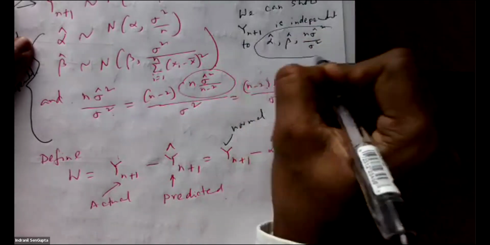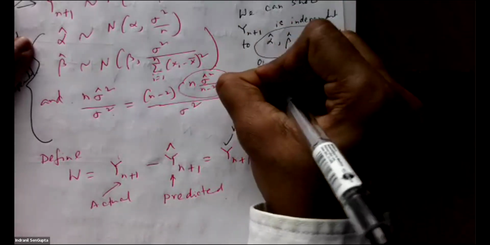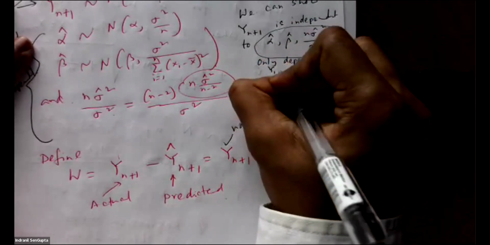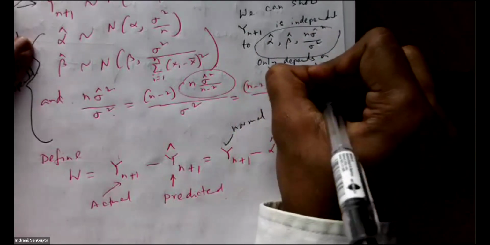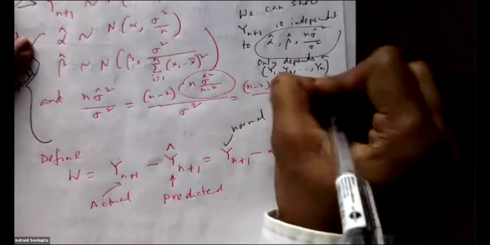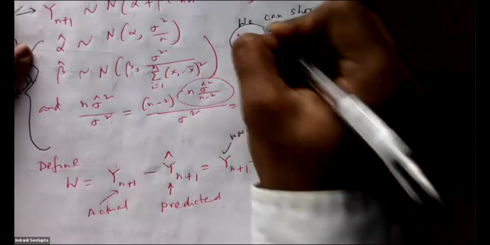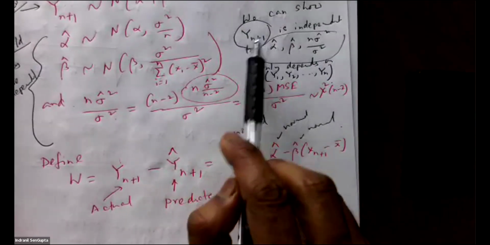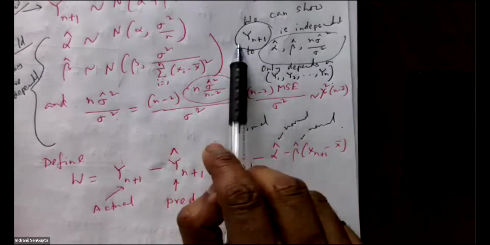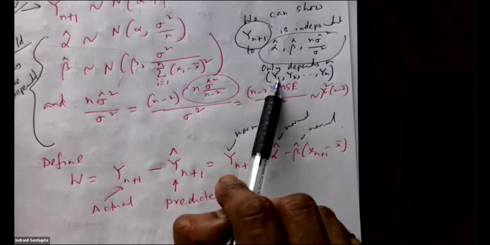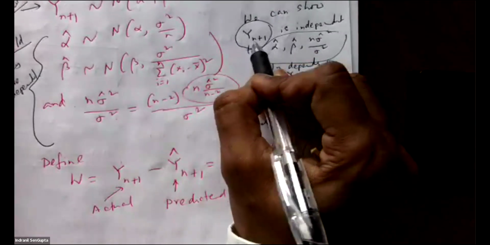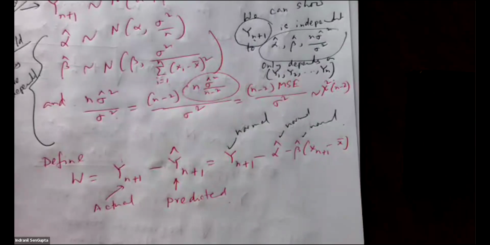Because these only depend on y1, y2, ..., yn. And this yn plus 1 is a sample, the next one, right? Using the assumption of the independence of the samples, we can see that this yn plus 1 is independent of this one.